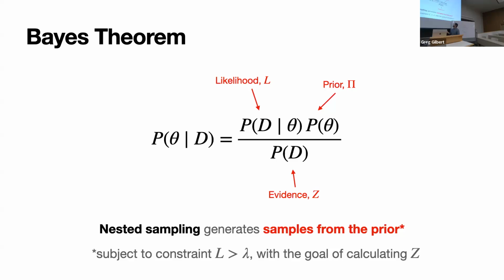Whereas MCMC is focused on generating from the posterior, which is, again, a hard problem, nested sampling is more concerned with calculating the Bayesian evidence. And it does it by generating samples from the prior, which is a much, much easier problem, because again, you've defined your prior, you know what it is, you can draw directly from the prior.